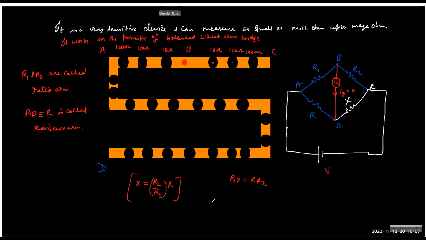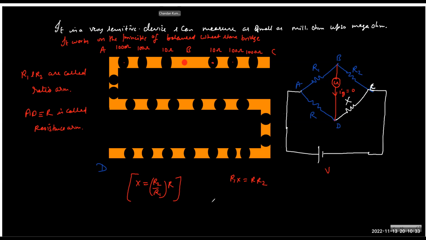So X is 0.01 ohm. So you can measure 0.01 ohm using the post office box, which is not possible with the meter bridge, because in the meter bridge the error is more than that.